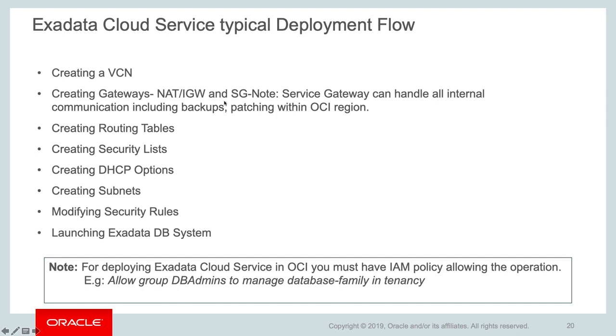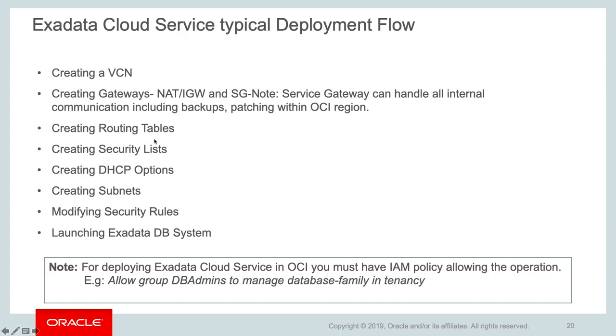So you do not necessarily have to create a NAT gateway or internet gateway for deploying Exadata Cloud Service. There could be a need when you want your Exadata nodes to talk outside, and in those situations you can create a NAT gateway, which will provide you internet access over a private subnet.